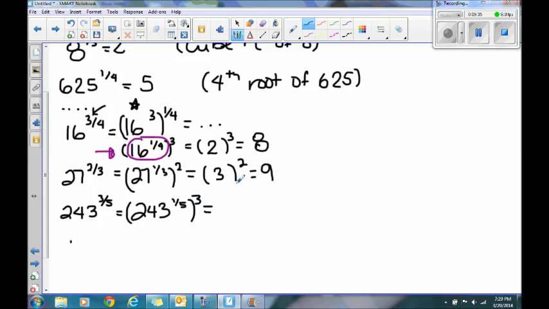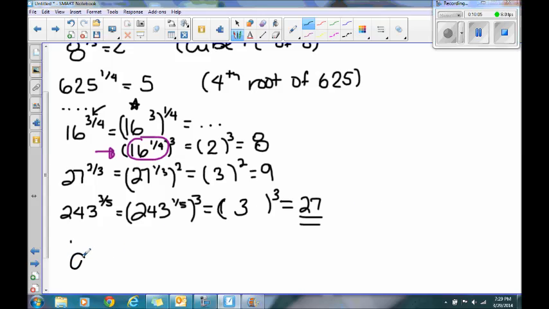And I'm going to put the 1/5 in the parentheses so I get to do that one first, and then I'll come back and take care of the 3rd power later. In section 8.1, we figured out that the 5th root of 243 is equal to 3. And so once I find the 5th root of 243, all I have to do is cube that number, and 3 cubed is 27.